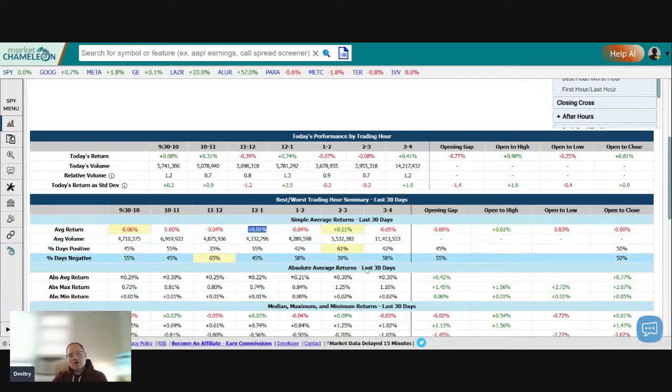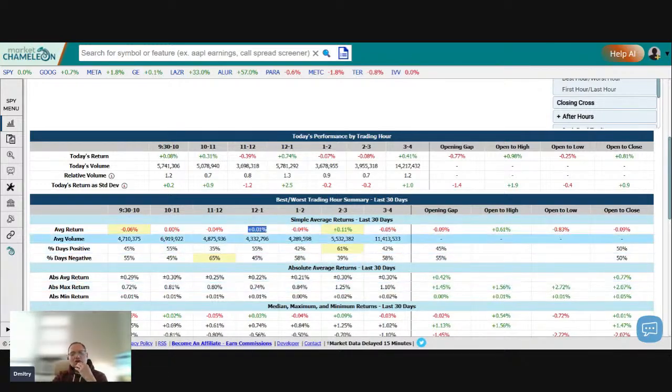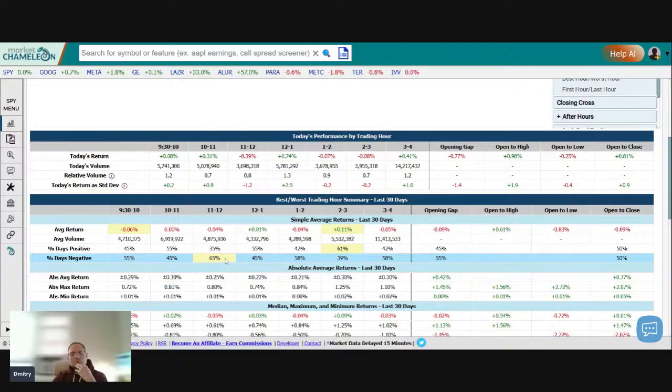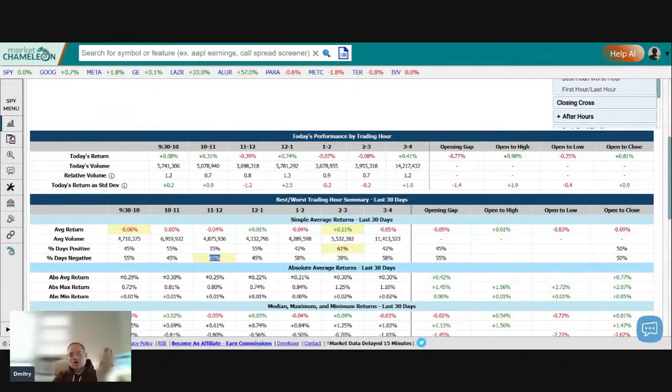We could do that for every hour, and here it just highlights the hours. You could see here that the most negative down moves were between 11 and 12.